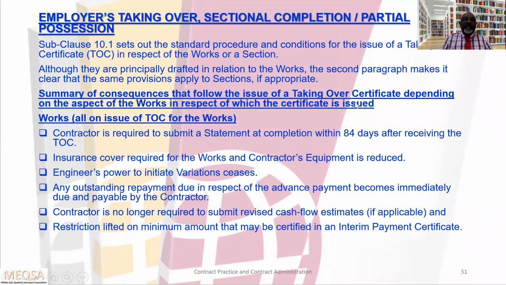The insurance cover required for the works and contractor's equipment is reduced. The engineer's power to initiate variations ceases. Any outstanding repayment due in respect of the advance payment becomes immediately due and payable by the contractor. The contractor is no longer required to submit revised cash flow estimates if applicable, and the restriction is lifted on the minimum amount that may be certified in an interim payment certificate.